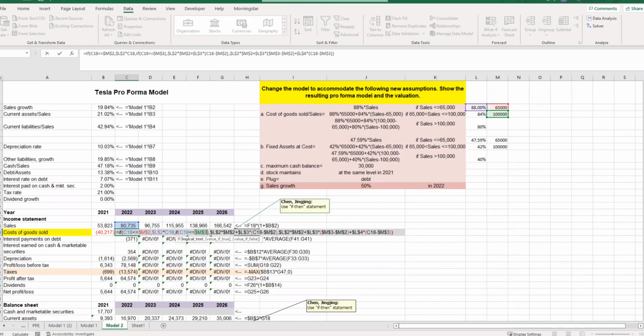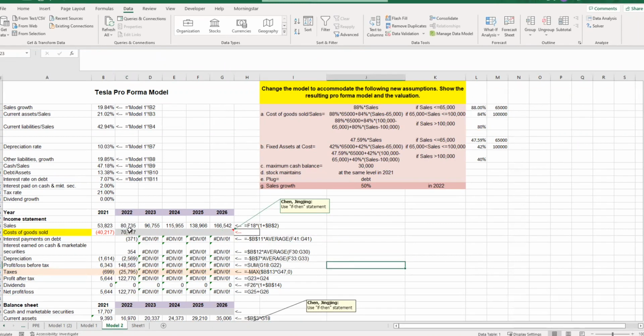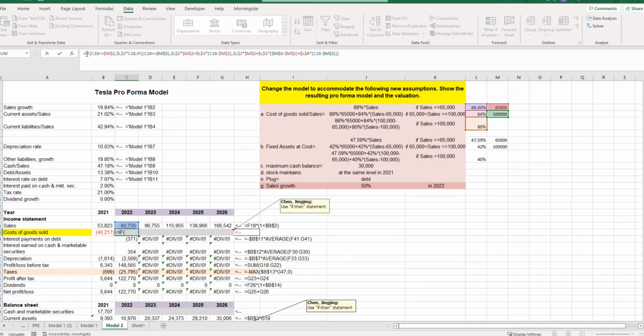Here, if this. Okay, and this if statement is a bracket 2. Enter. And a minus sign. Okay, good.